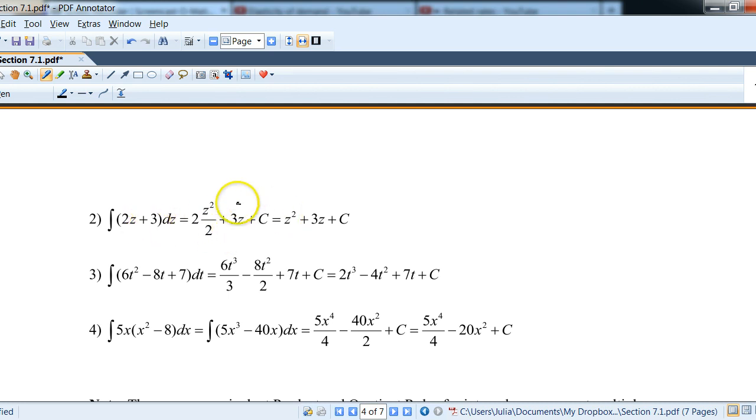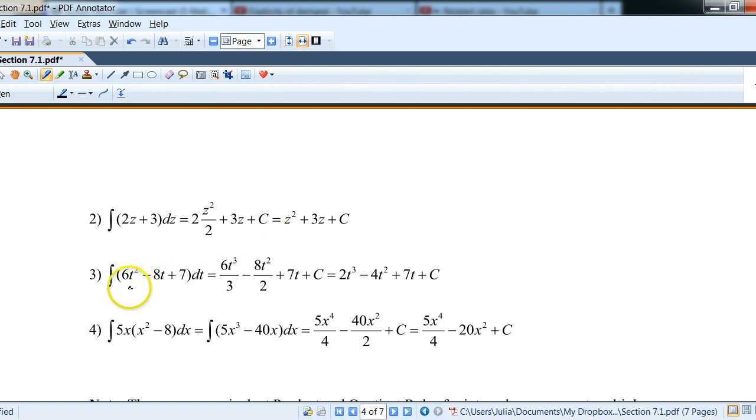The constant becomes the constant times the variable, plus c. Again, notice how dz is gone. All right. And we can simplify. The 2 actually cancels and you'll get z squared plus 3z plus a constant. So again, once we evaluate it, you get the antiderivative portion plus a constant.